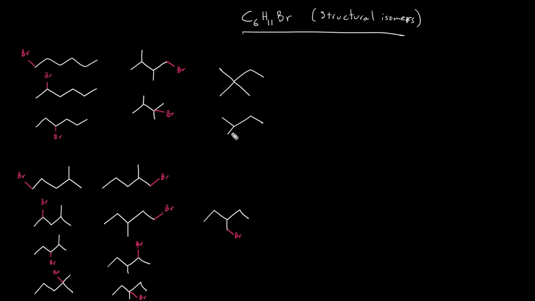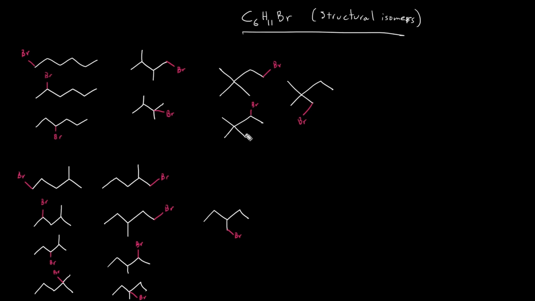And I believe we can make 2 positional isomers out of this. 1 here, actually 3. And we can put the bromine either at the end of the long chain, second in from the long chain, or on one of our methyls here. And I believe that will be 3 different compounds.